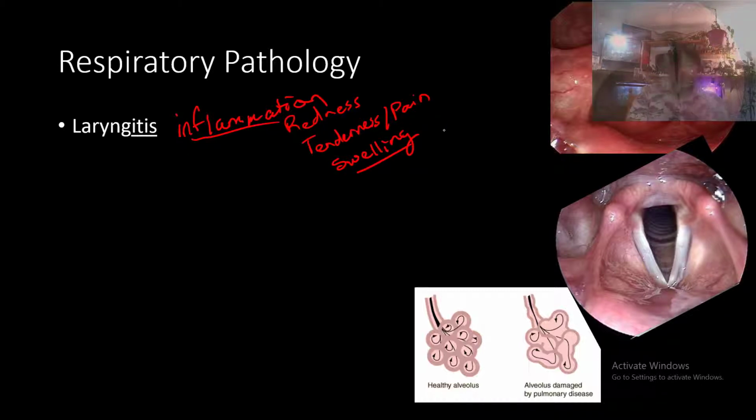Now, the problem with laryngitis, when you look at some healthy vocal cords right here: when you have inflammation in the larynx, and swelling of all the tissues surrounding the vocal folds, you highly limit your ability to manipulate your vocal cords.